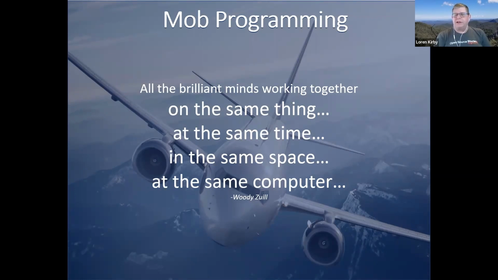So mob programming is a variation on pair programming. In mob programming, we have a driver and we have several navigators, and the driver can be thought of as an intelligent input device as opposed to a keyboard or mouse, which is a dumb input device. The role of the driver is to take what the navigators describe and enter it into the computer.